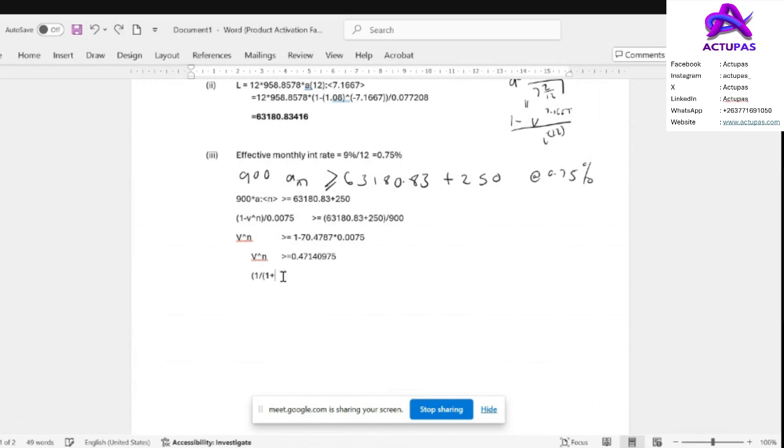Or the easier way would be to introduce ln to both sides.